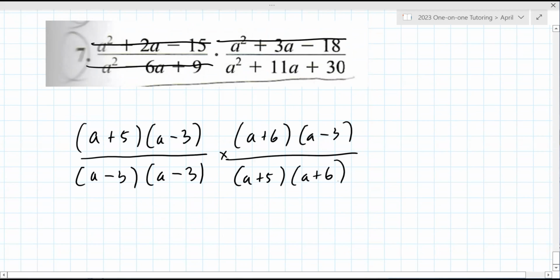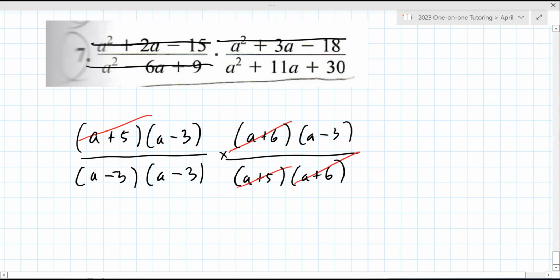What does this reduce to? I mean, we can cancel a plus 5 out of both the top right and bottom left. Yep, good. And the plus 6 is on the right.